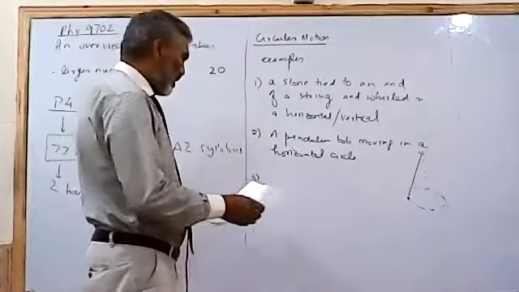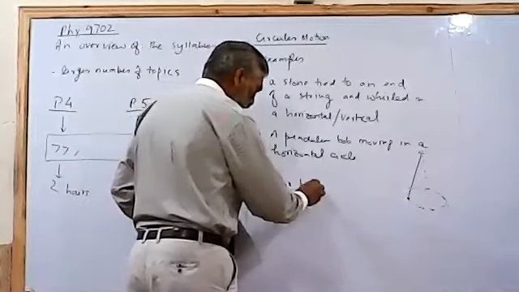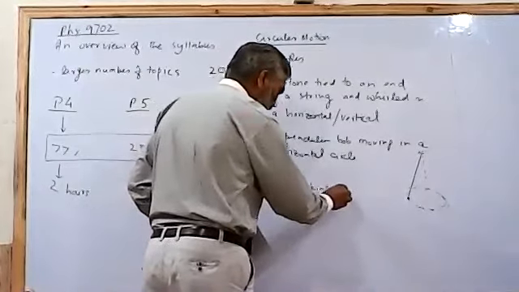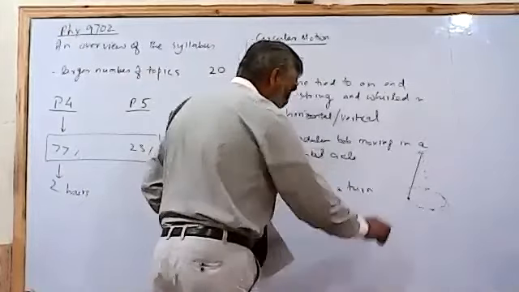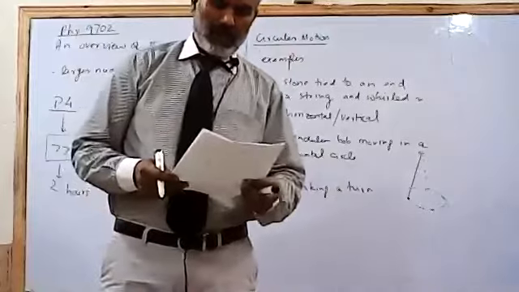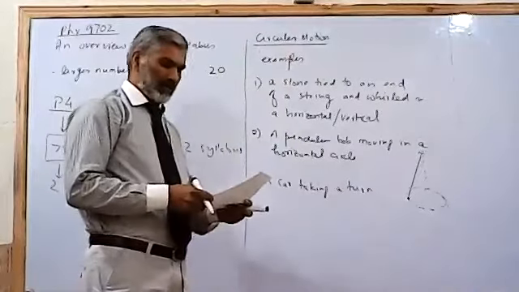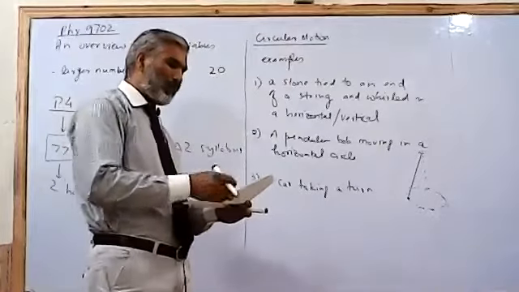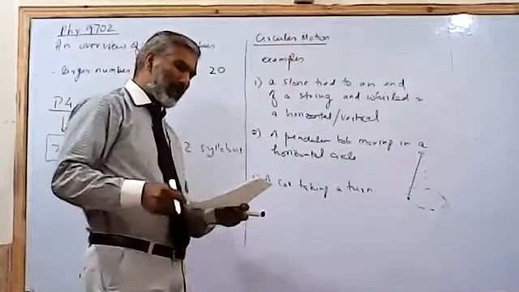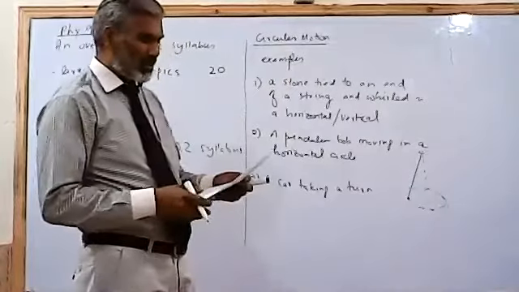Another example is a car taking a turn. For example, on a racing track, a car takes a turn. That is also studied as circular motion. Even if the car remains in that track for a few moments and does not complete the entire circle, its motion for those few moments will be considered a circular motion.